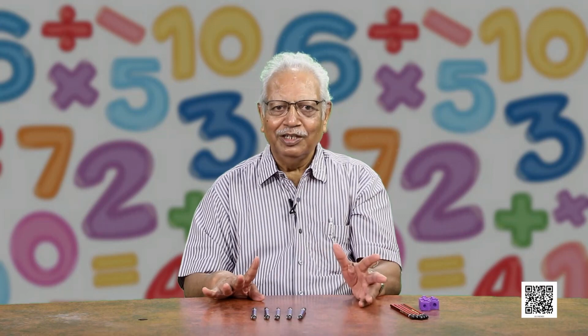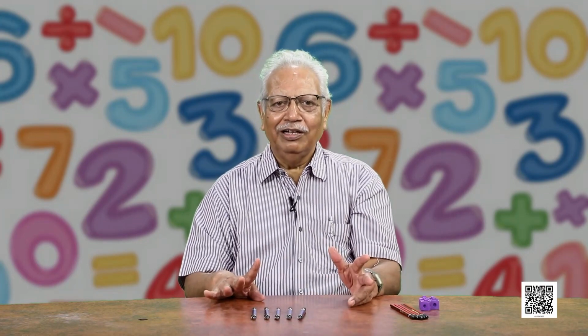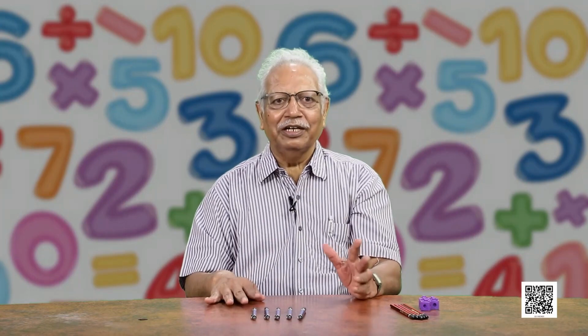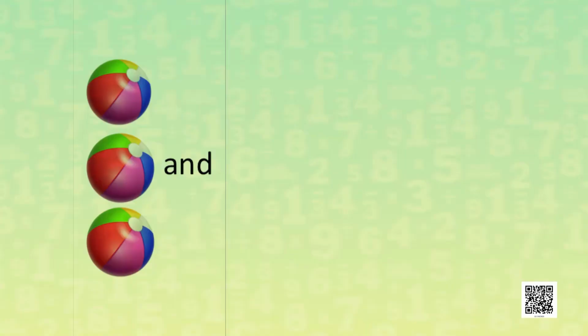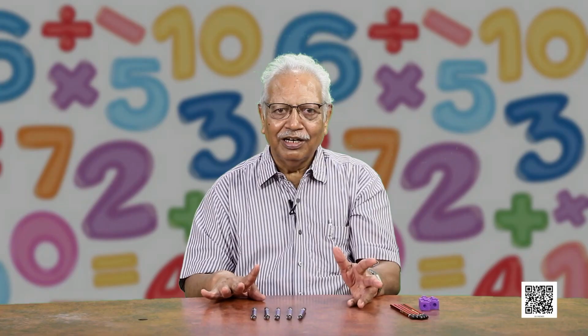Now you can easily recall, you have learnt from pens and pencils and all. Similarly, if we have 3 balls and we add another ball, it makes 4, isn't it?